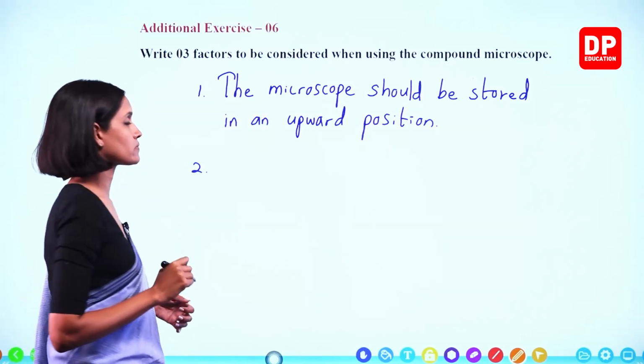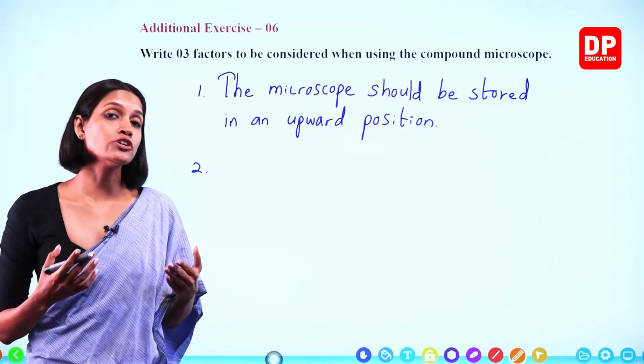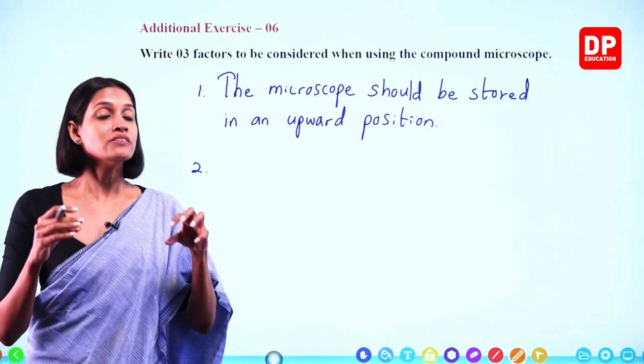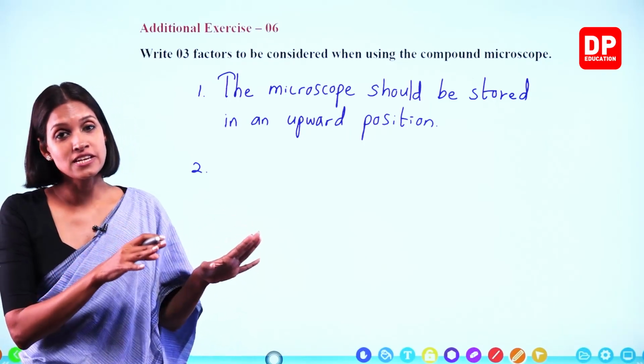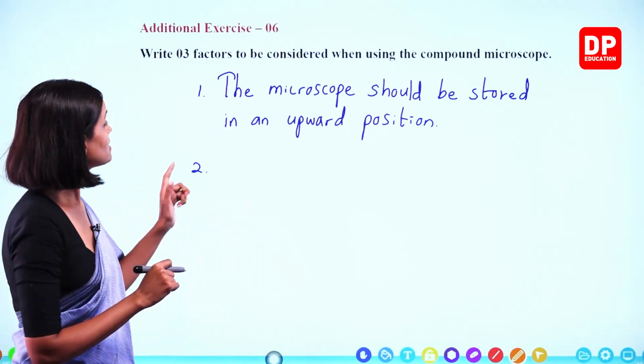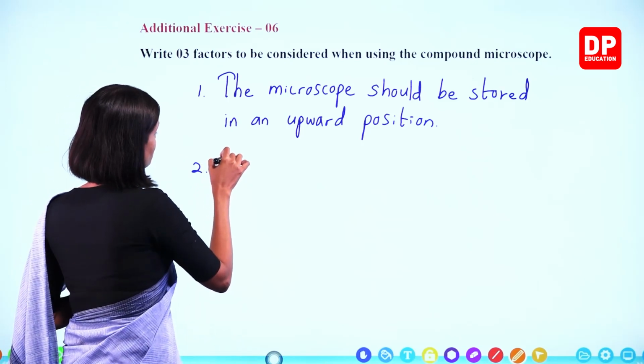Next one. If the lenses are not used for a long period of time, the lenses should be removed and stored in a desiccator with silica gel. Right? Let's write this one as well.